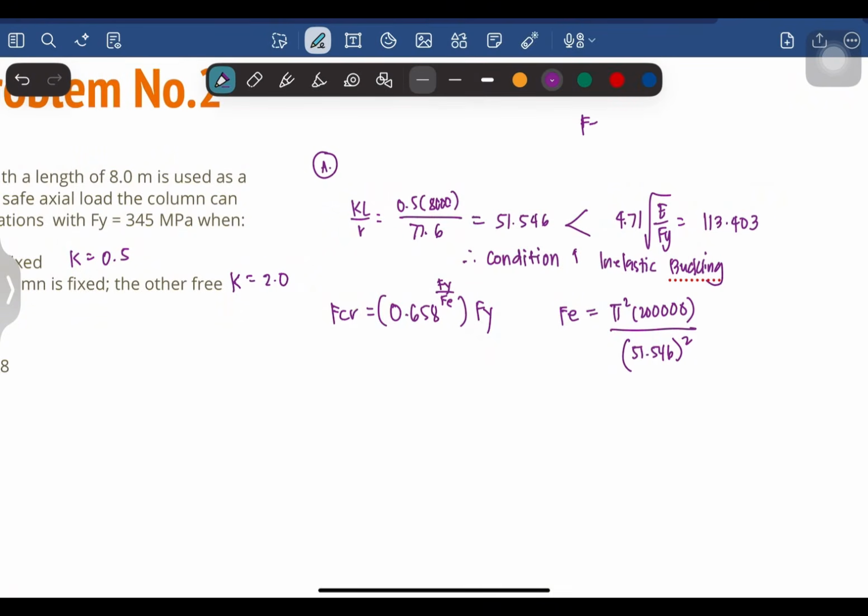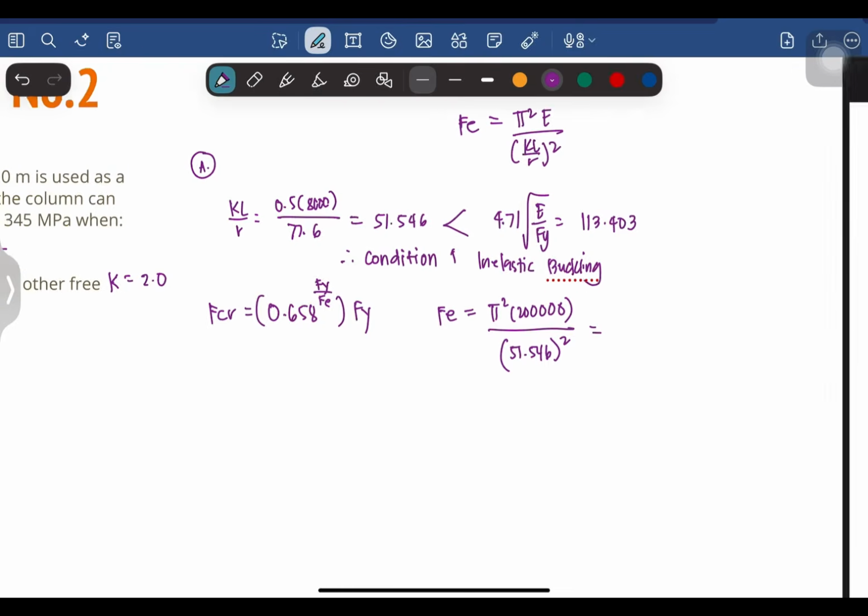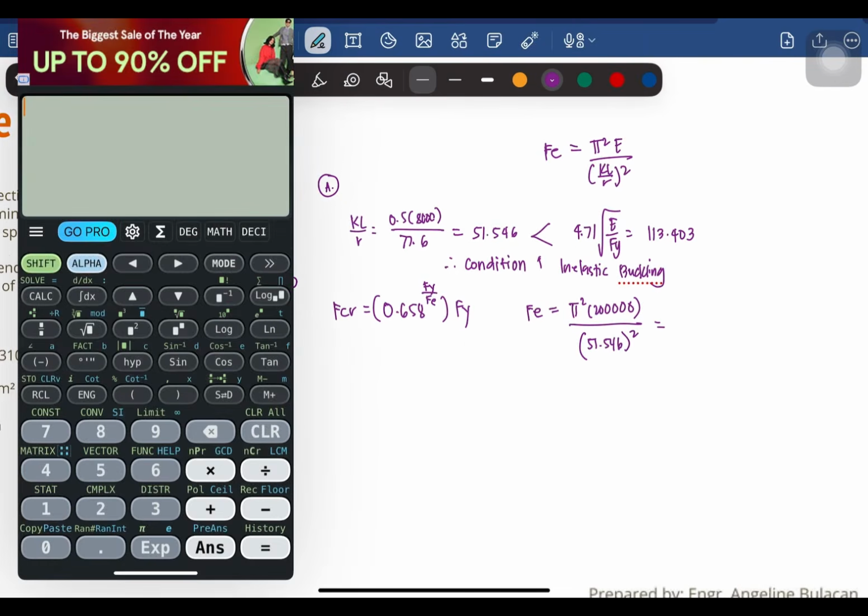Ito yung general formula ng Fe. So pi squared times 200,000 over 51.546 squared, 742.916 MPa.